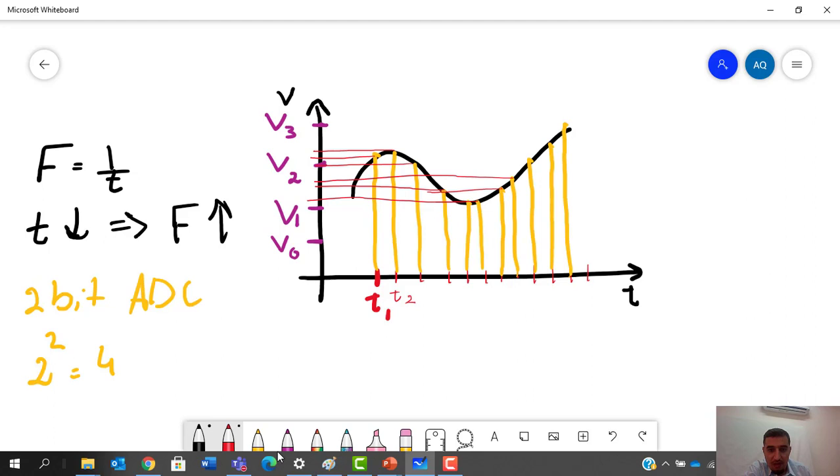So we can see that all our signals are just between V2 and V3. Now, assume that I increase the resolution. This is what we call the resolution.